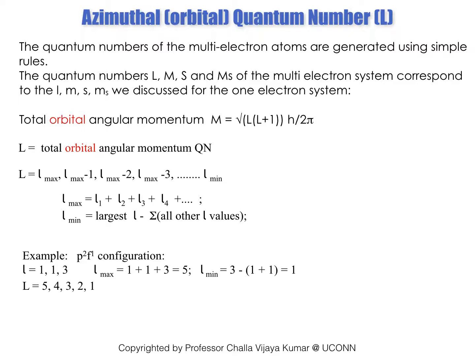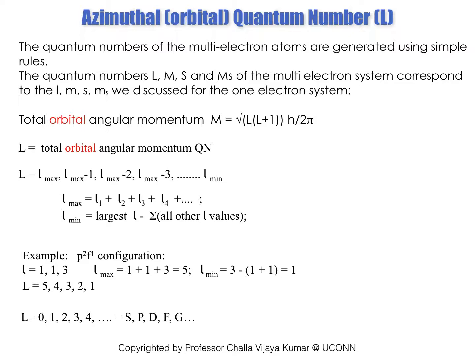Now, why is this important? Based on the capital L, we make the assignments. If capital L equals 0, then it is designated as the capital S state. Just as small l equals 0 we designate as S state, and small l equals 1 is designated as the P state in the same way.